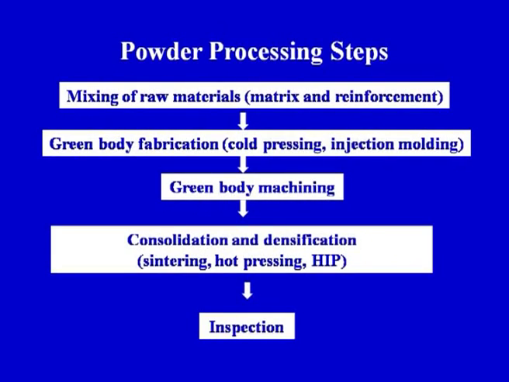So pressure can be applied as the other two processes you can see in this particular step of consolidation and densification. The hot pressing can be done or the hot isostatic pressing can be done. In hot pressing we apply pressure, and in hot isostatic pressing again the pressure is applied.